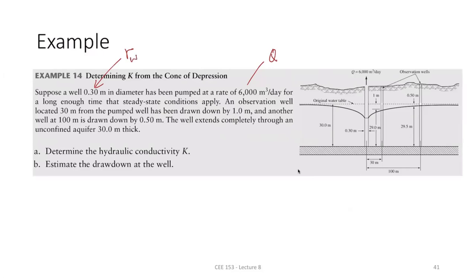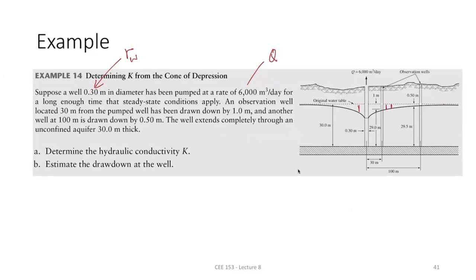An observation well located 30 meters away, so that's r1, from the pumped well had a drawdown of 1 meter. Drawdown means the distance the water falls from the original height. The original water table is here, so this difference is the drawdown.